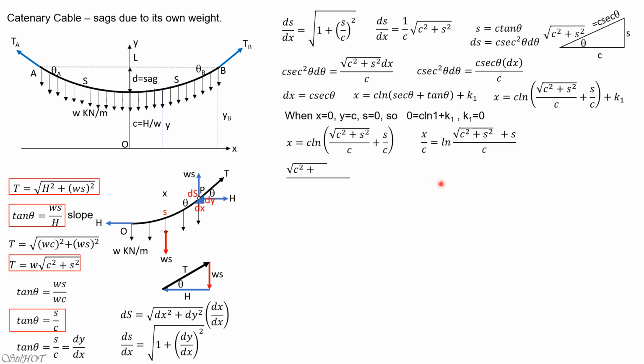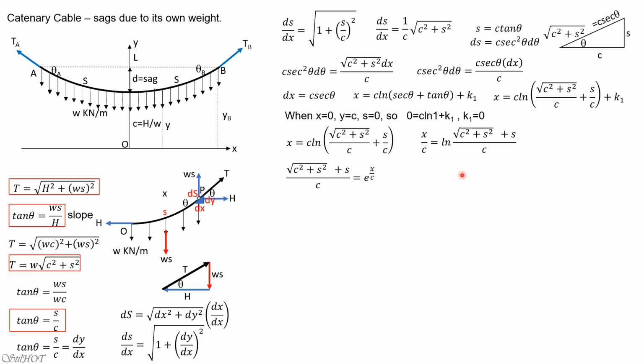So the formula for x is c ln of that. Converting this equation, meaning e to the x over c is equal to square root of c squared plus s squared plus s over c.